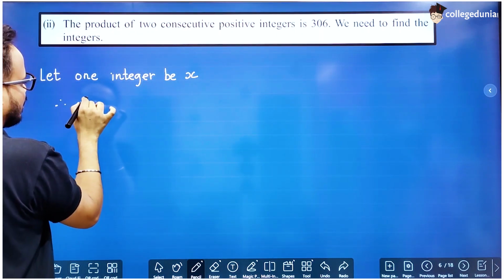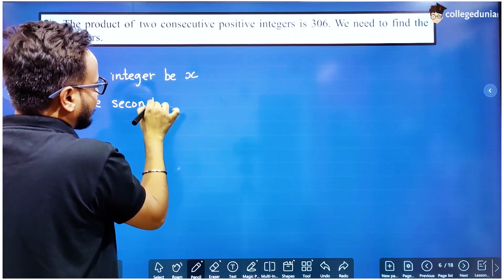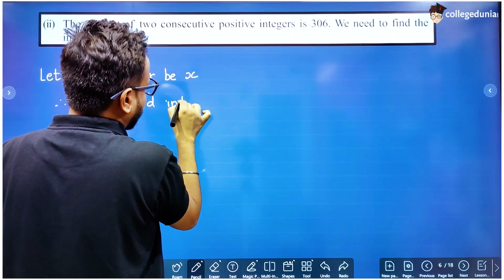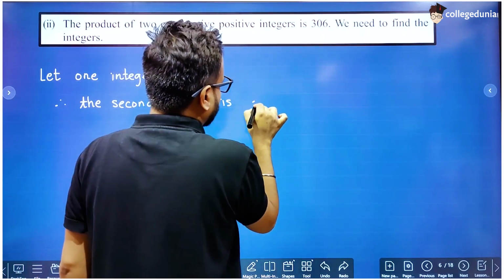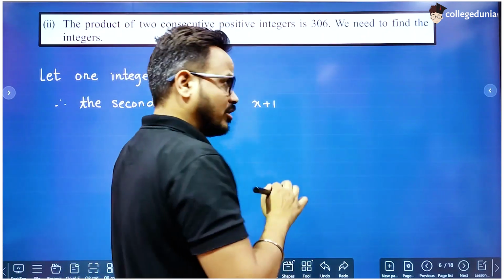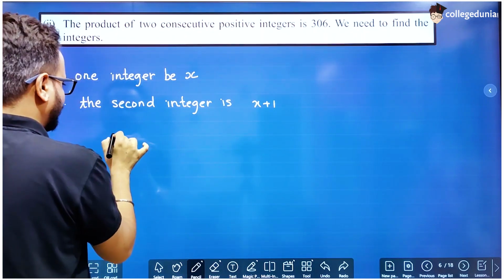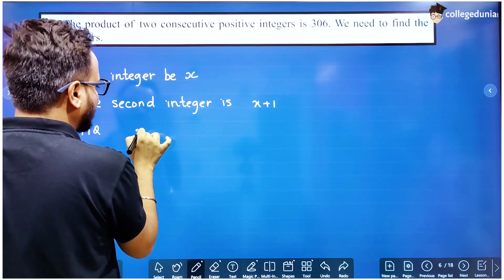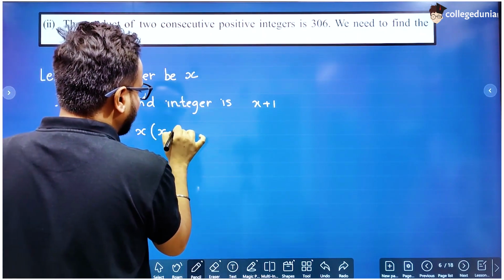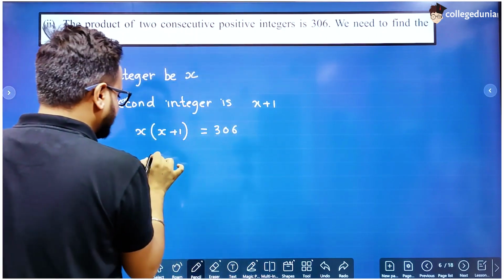Therefore, the second integer is x plus 1 because they are consecutive integers and their product is 306. So according to the question, x into x plus 1 is 306.